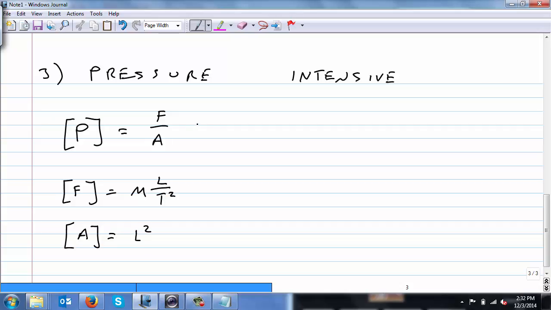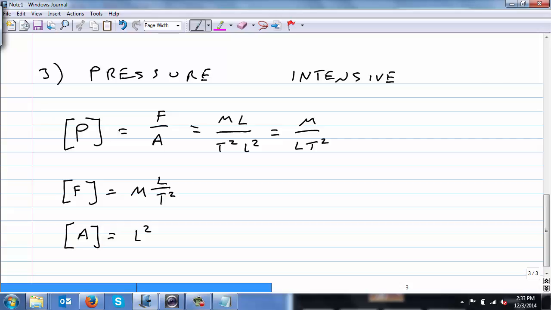So now we can pop all this in here and say that pressure is force over area. So I'll get my mass times my length over my time squared, over my L squared. And that ends up equaling, simplified, mass over length time squared.